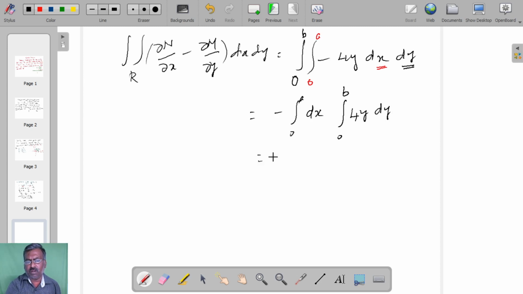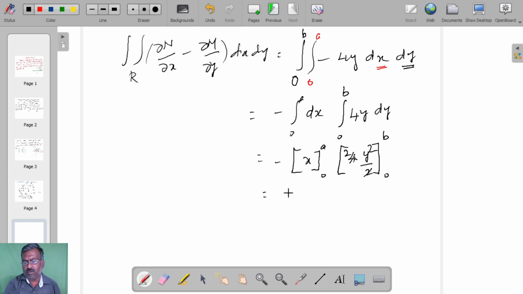So this equals minus the integration of x dx, which is x squared by 2, limit 0 to a. Then 4y: 4 into the integration of y, which is y squared by 2, limit 0 to b. Cancel 2 and 4 as 2. Now substitute the limit.